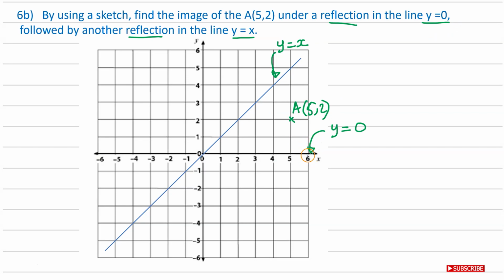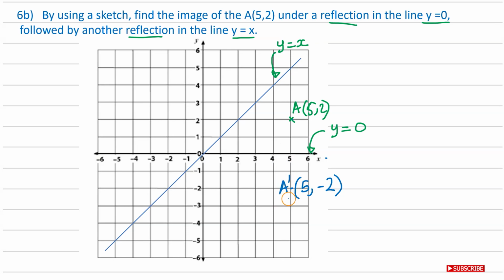So this is your mirror line. y equal to 0 is your first mirror line. So this point is going to be mirrored down here. Okay, so now what you have is a point where x is 5, and the y coordinate is going to be -2. And now this point is going to be the image of A.